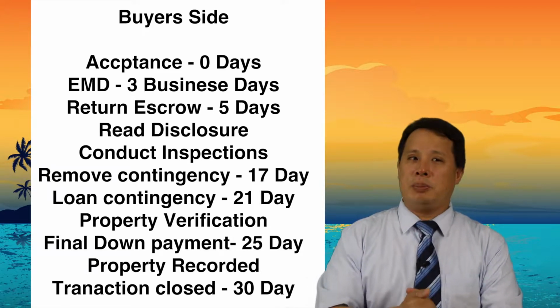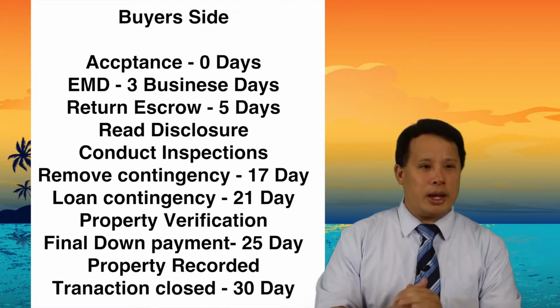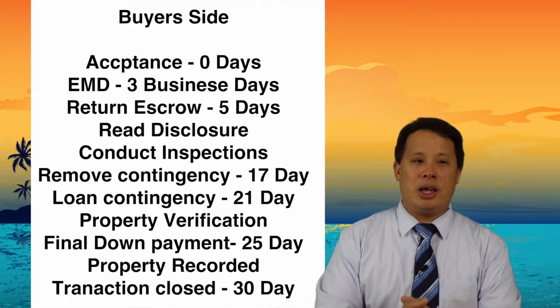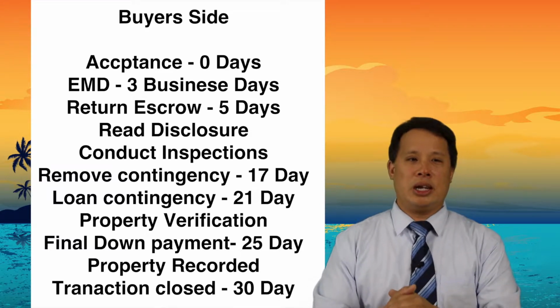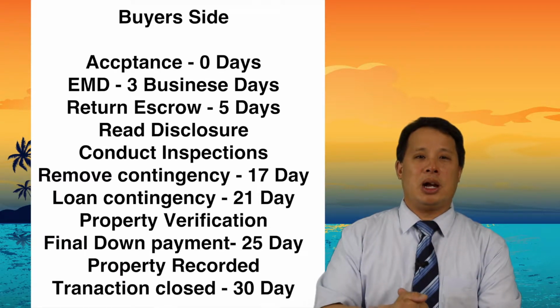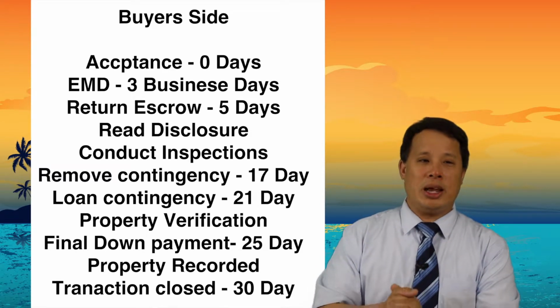Why do I say besides the loan contingency? Because the loan officer needs a few extra days to process the information, so instead it is removed later than the 17 days. With the updated California Purchase Agreement, it's actually 21 days.